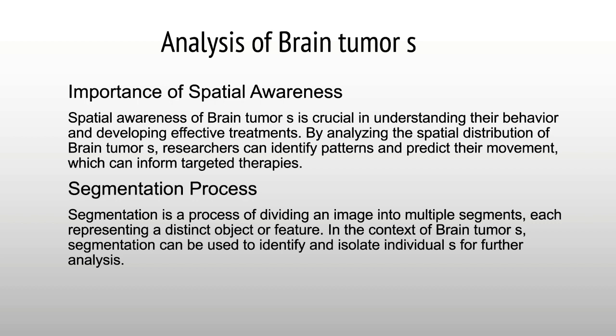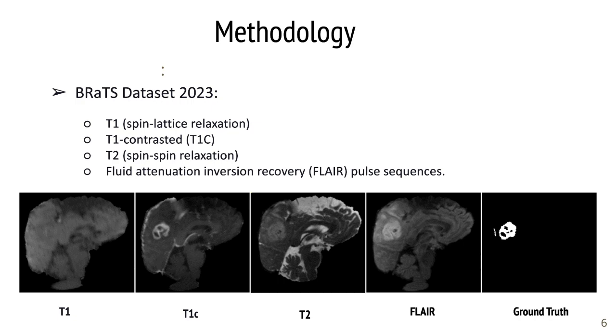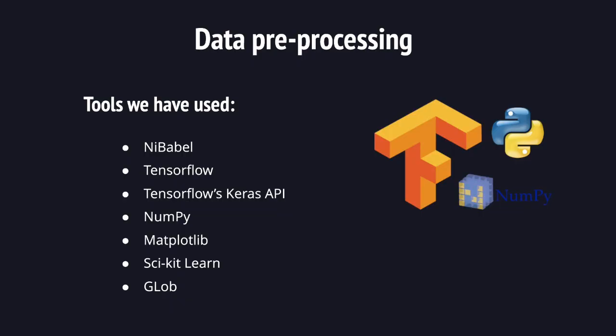And this was our methodology, from the BraTS dataset 2023. This is the picture of T1, T2C, T1C, T2 FLAIR, and ground truth. For the data preprocessing, the tools we use are TensorFlow, Nibabel, TensorFlow's Keras API, NumPy, Matplotlib, Scikit-learn, and Joblib.